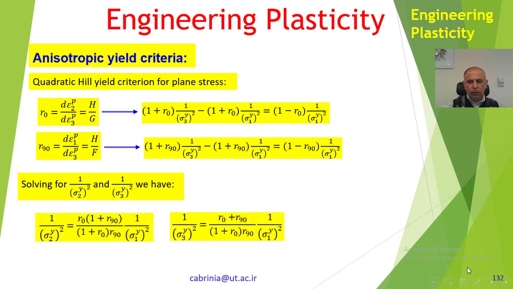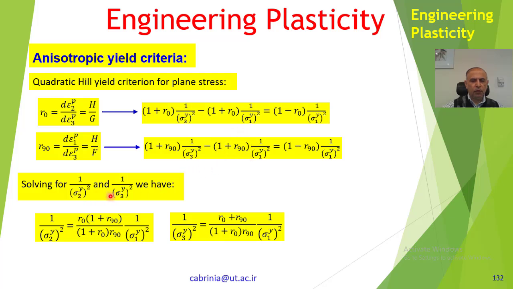So in here, solving for these, we obtained these two equations from the previous slide. Here we solve for 1 over sigma 2y to the power of 2 and 1 over sigma 3y to the power of 2 using these two equations.